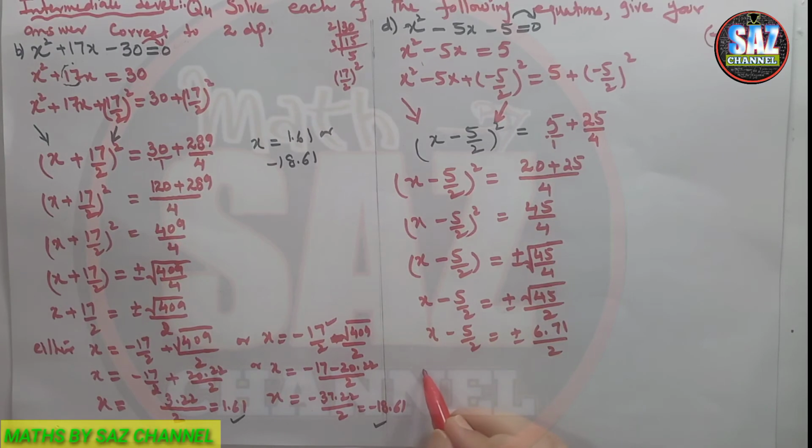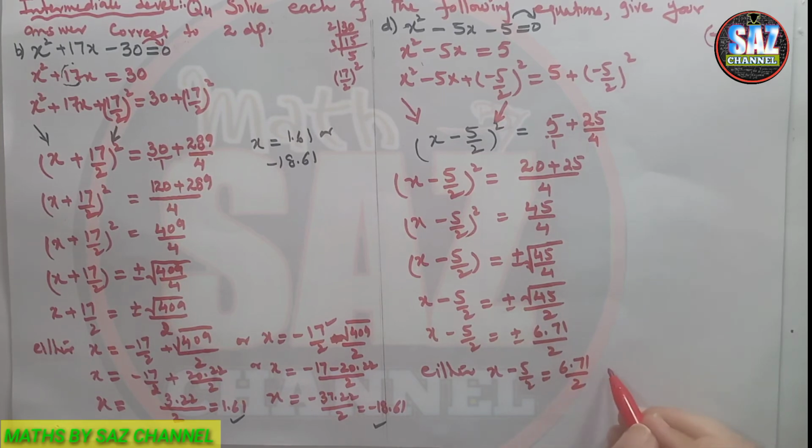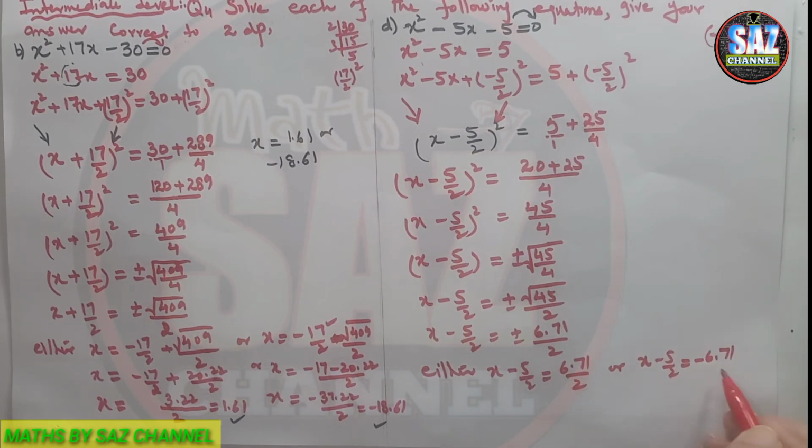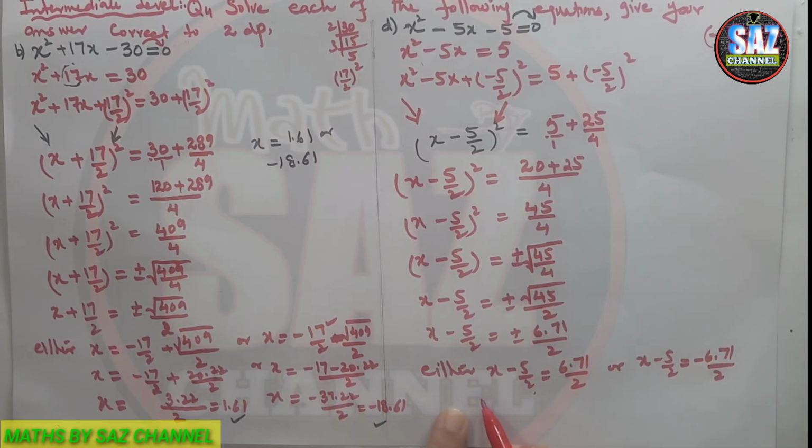So either x minus 5 by 2 equals 6.71 by 2, or x minus 5 by 2 equals minus 6.71 by 2. Now shift this 5 by 2 to the other side, and I will have x equals 5 by 2 plus 6.71 by 2.